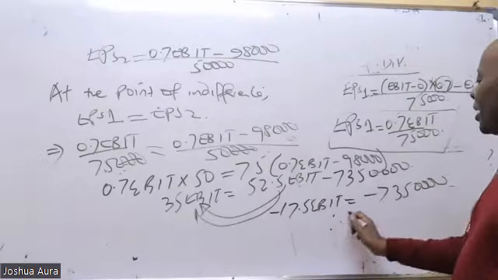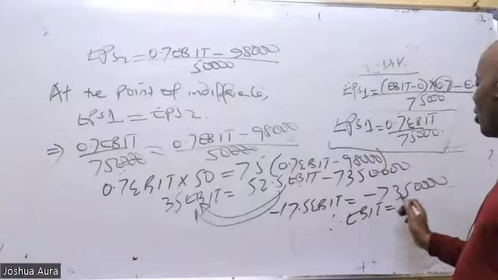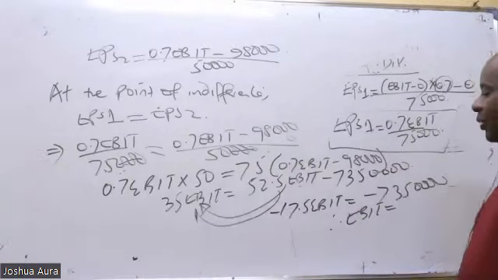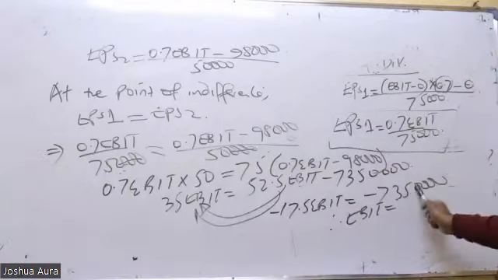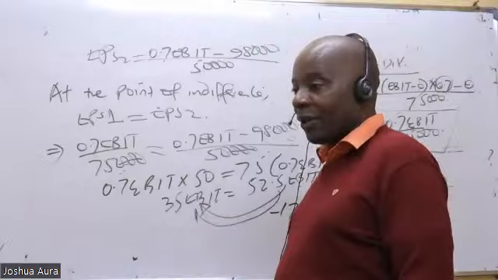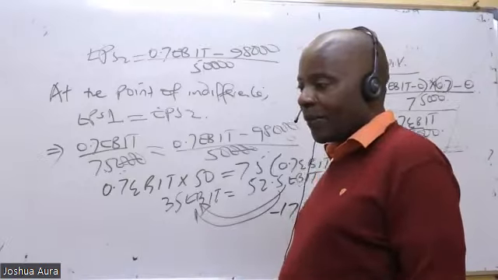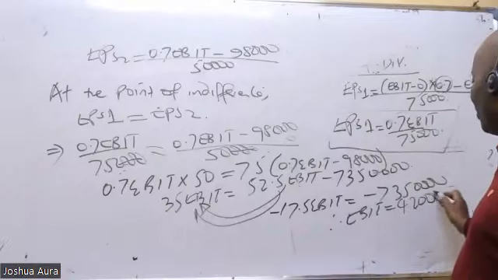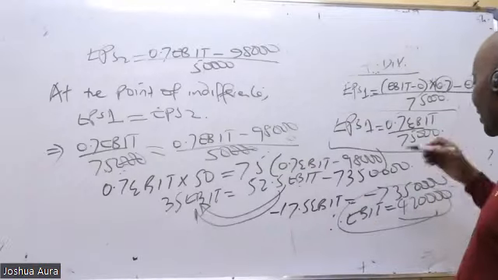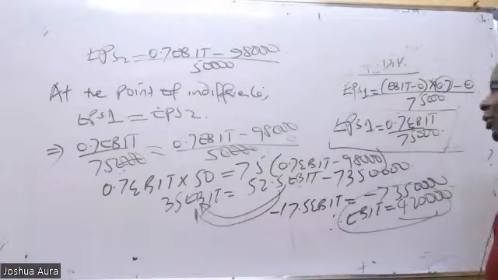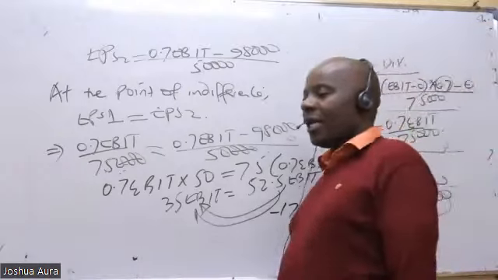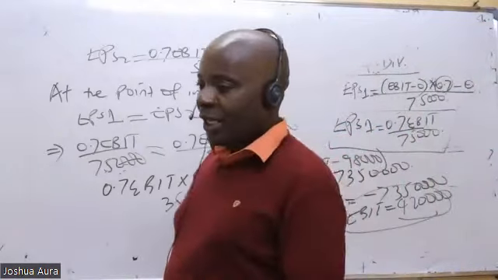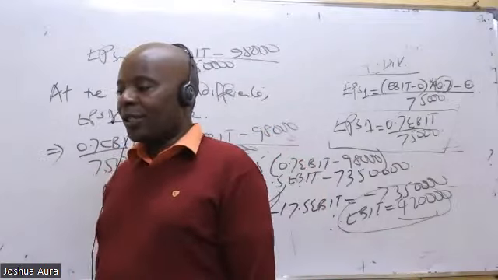So meaning that EBIT at the end of the day will be equal to 420,000. You guys are the ones giving me these figures. So EBIT at the point of indifference is 420,000.